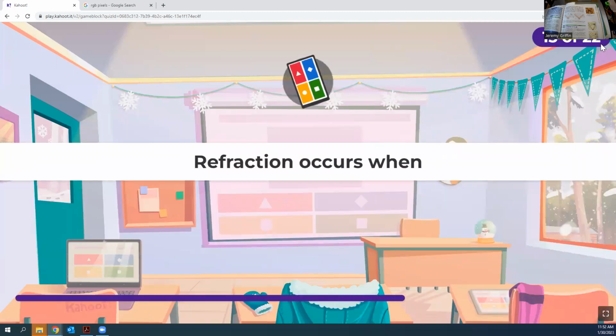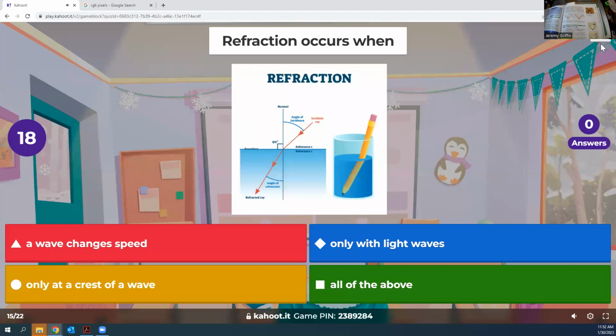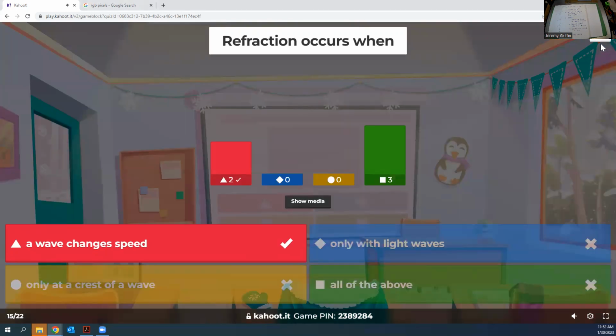All right, refraction. Okay. So you guys remember light will travel at different speeds through different media. Through a vacuum, it's 3.0 times 10 to the 8 meters per second. Through air, it's almost that.